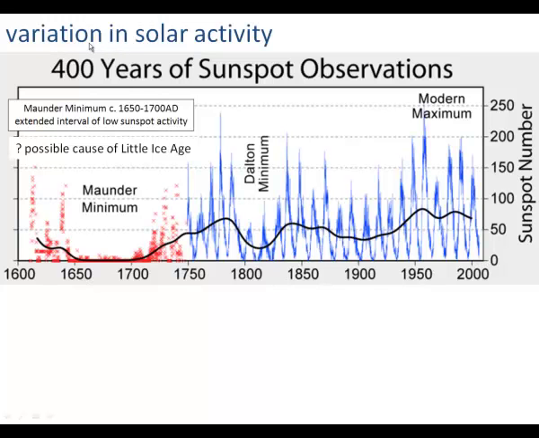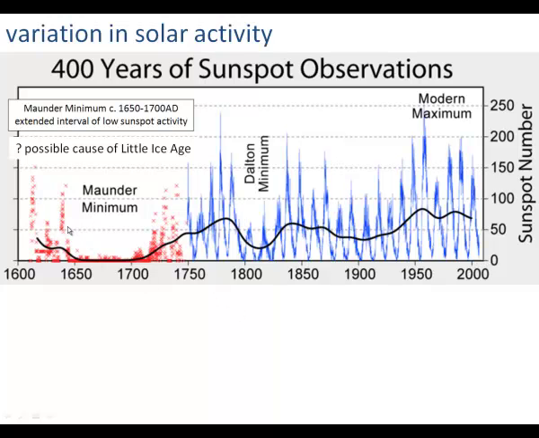Now, of course, the variation in sunspot activity on an 11-year cycle is picked out very nicely here, but although the data aren't necessarily as robust, there's also the possibility of longer term fluctuations than the 11-year cycle in solar activity.